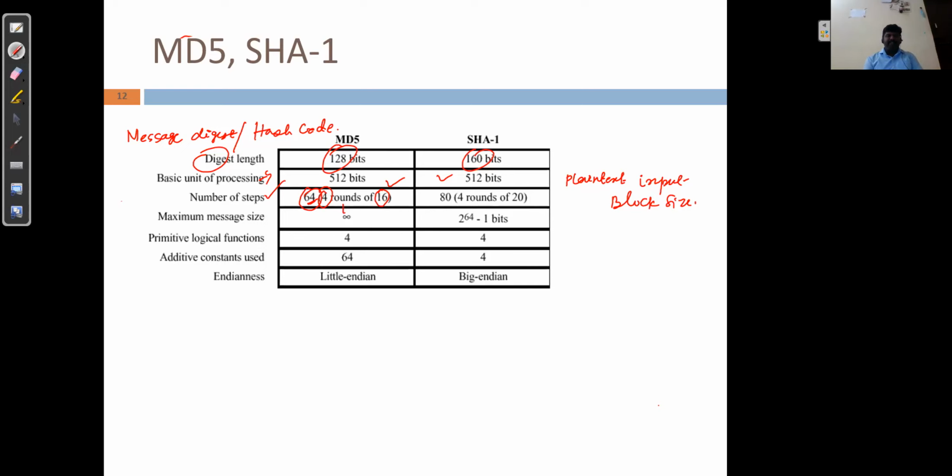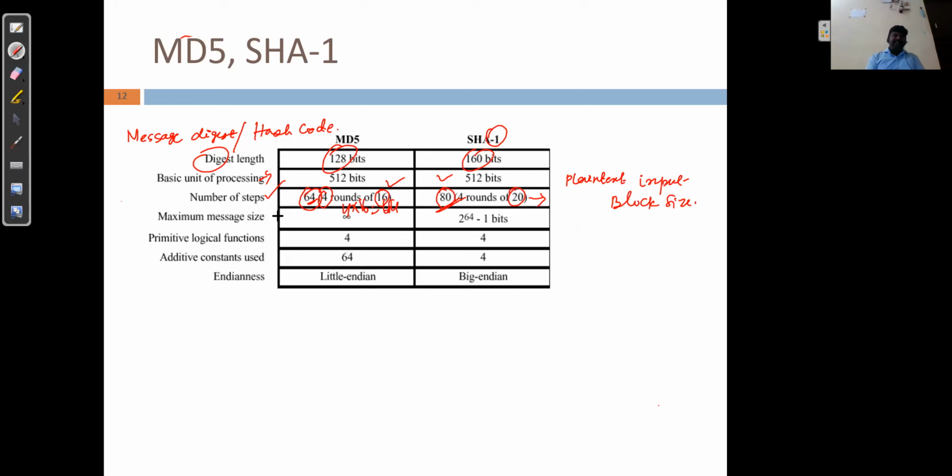So 4 into 16 will get 64. Similarly, when we talk about the SHA1 algorithm, it has 4 round functions, each round function iterated 20 times. So 4 into 20 will get 80 steps, right?